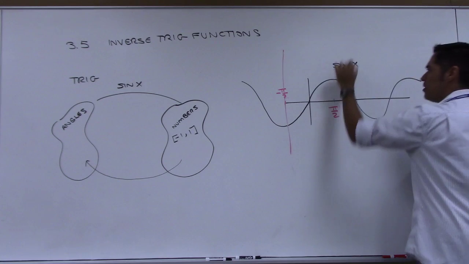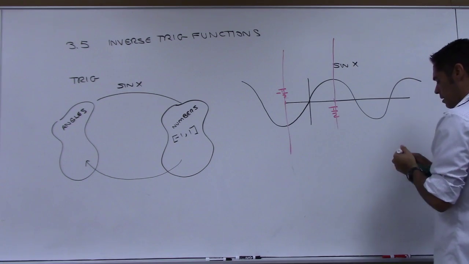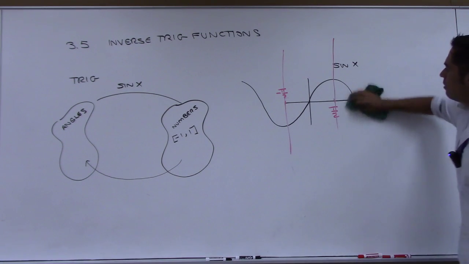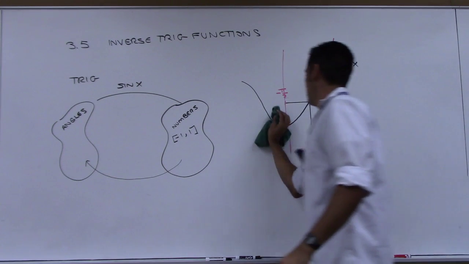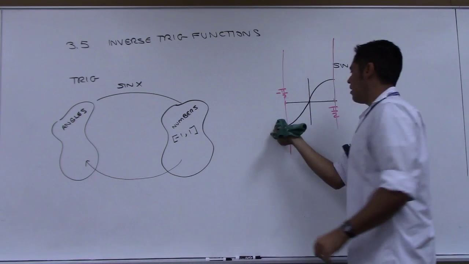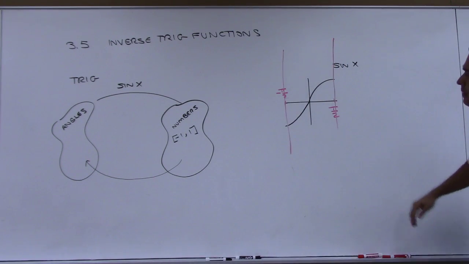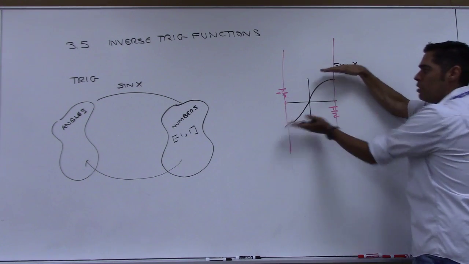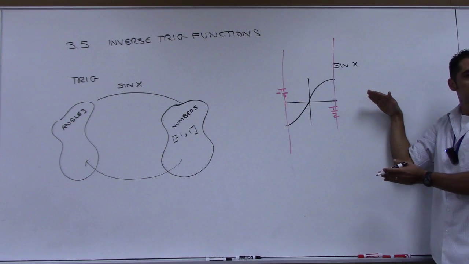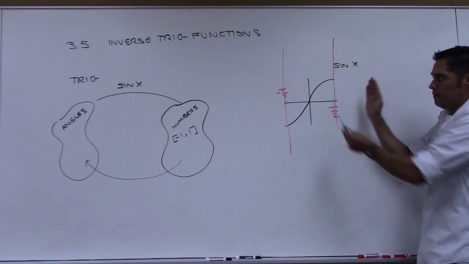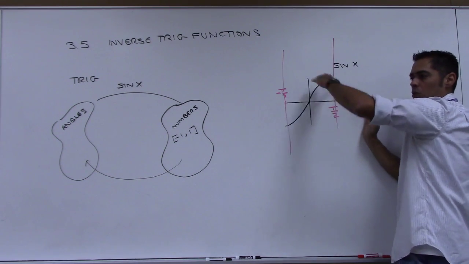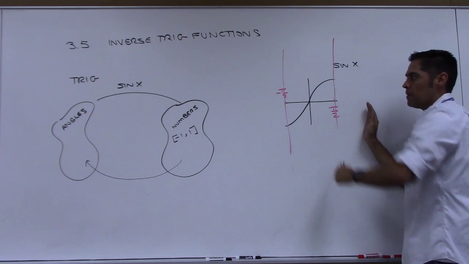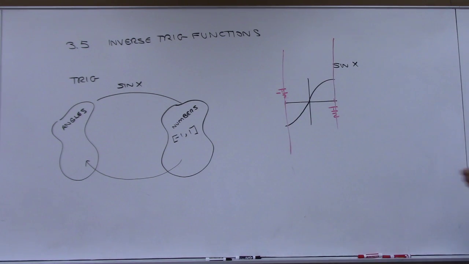Just between here and here, if we erase everything else, the sine function achieves every value in its range, doesn't it? Negative 1 to 1 is achieved in there. Cut this way, it passes both the vertical and horizontal line tests. So that's why there is a restriction on the domain of sine when we want to talk about the inverse.